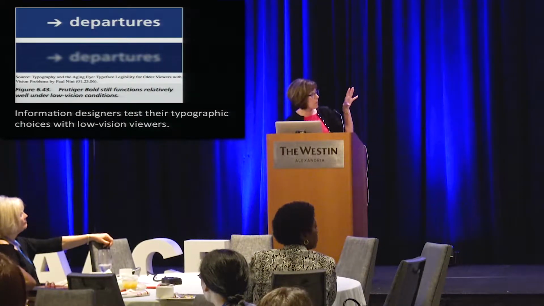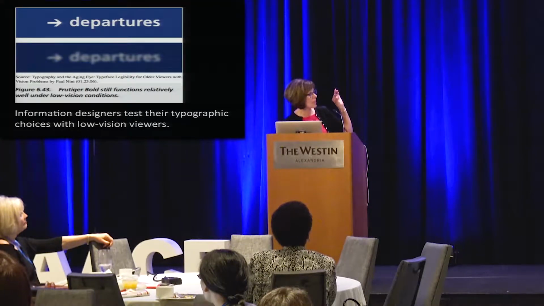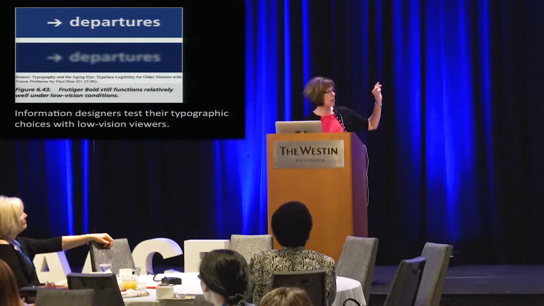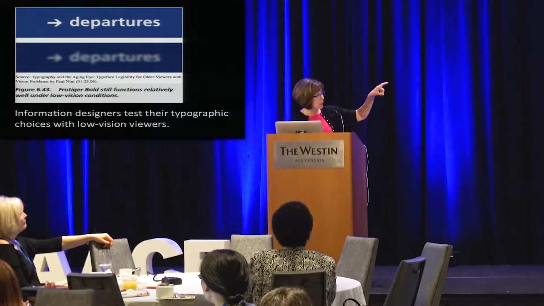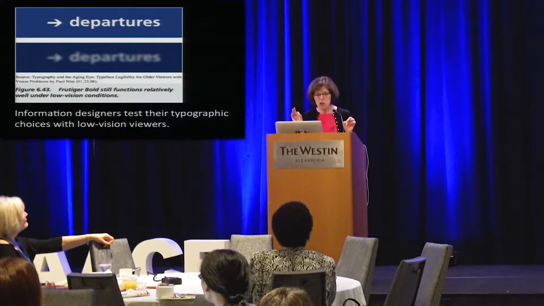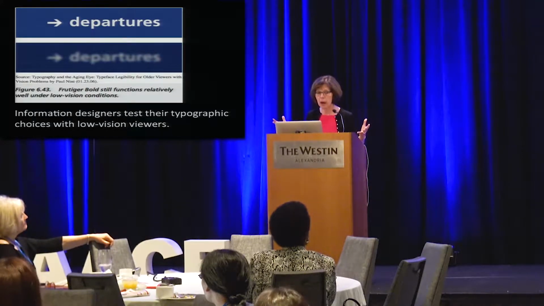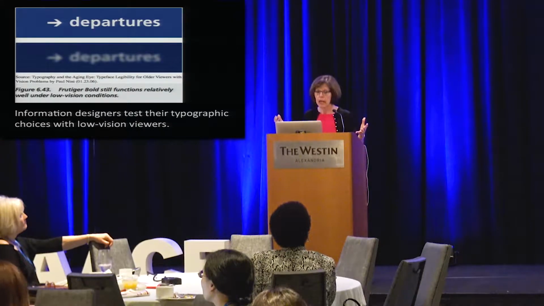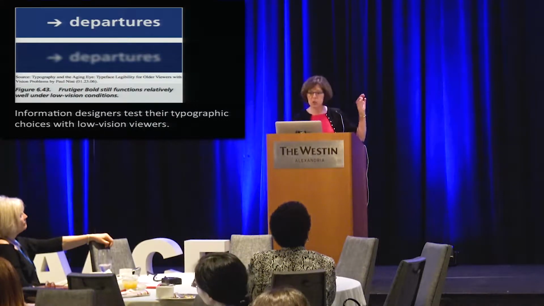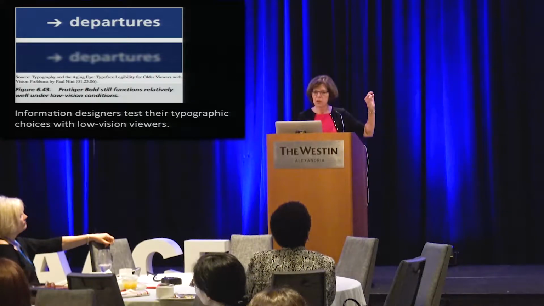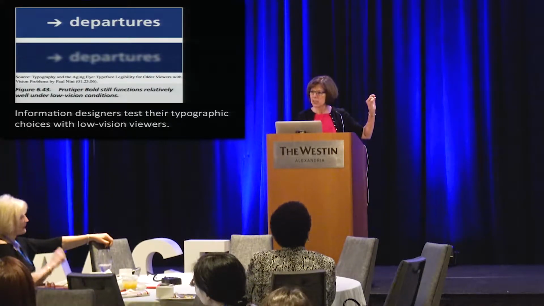And so, for example, we test the quality of the typography under different conditions. Here you can see that the departures gate has been degraded in that second image, so that we can find out whether the text actually works for people with low vision, or if the lights go out in the airport. Now, what you see there is you can still see that word departure, even though it's fuzzy.